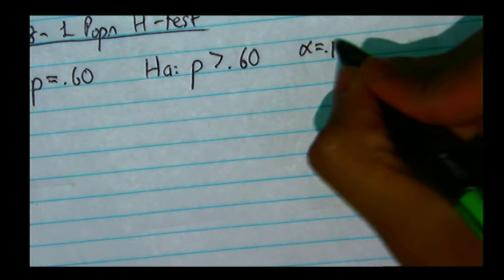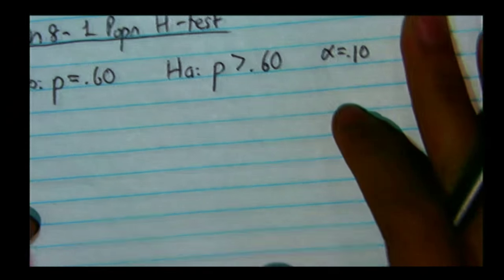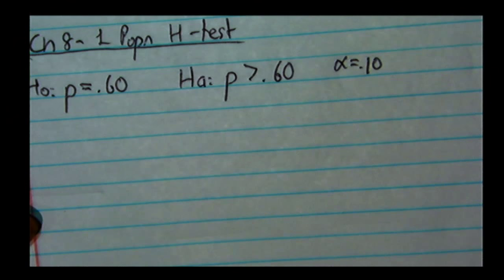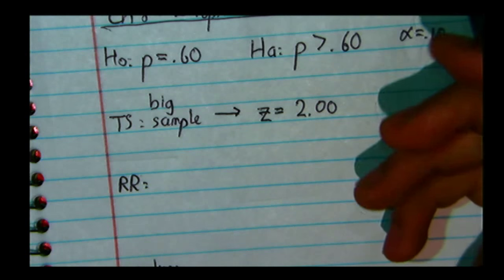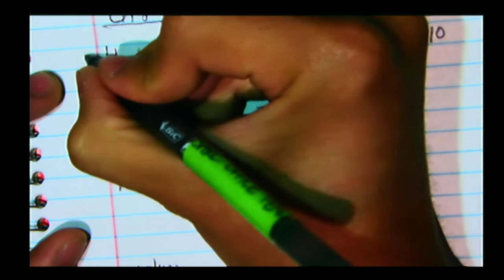Now we're going to have a sample. A sample is going to give us some data, and then we can use that data, big sample, and we can use that big sample using a formula to calculate a z-score. It's the second step of this whole process.